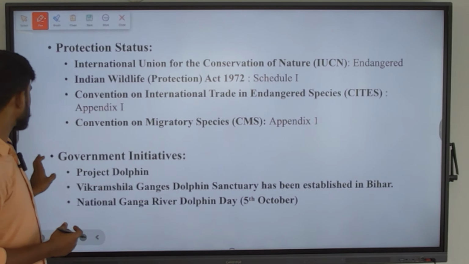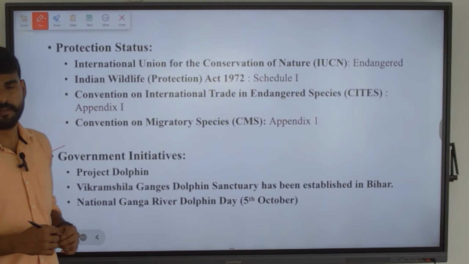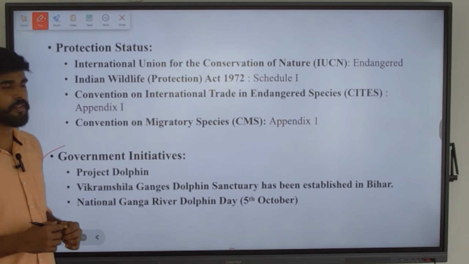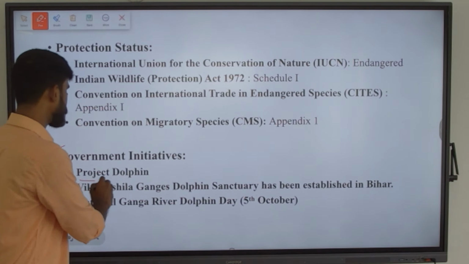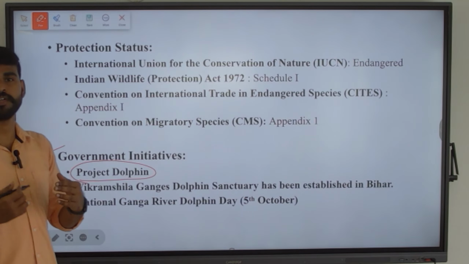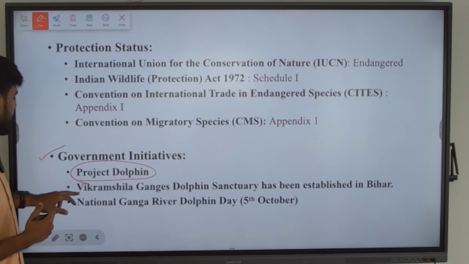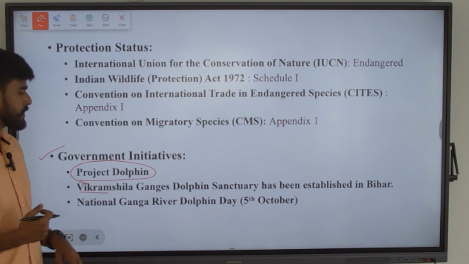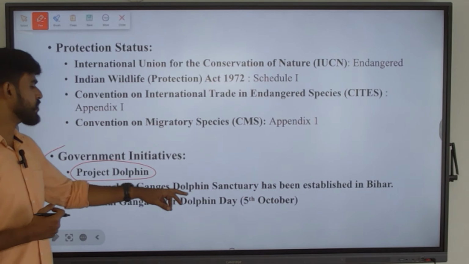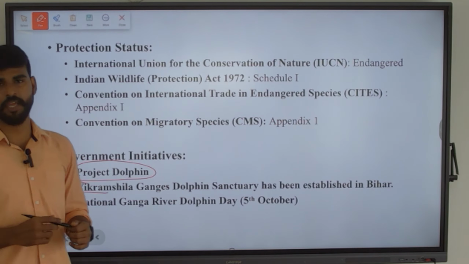Next, what are all the government initiatives taken to conserve this dolphin? First, we have Project Dolphin, which is similar to other projects like Project Rhino, Project Tiger, Project Leopard and others. And there is a wildlife sanctuary, the Vikramshila Ganges Dolphin Sanctuary, which was established in Bihar.